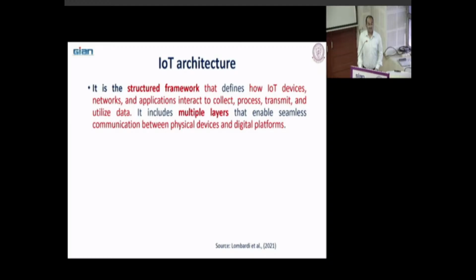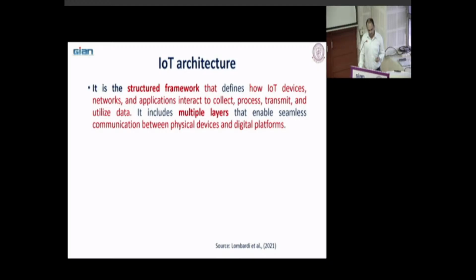IoT architecture, as I said, the process is one of the important components in the Internet of Everything, because all these physical devices, things, sensors should collaborate to create some kind of value. There are three types of IoT architecture.